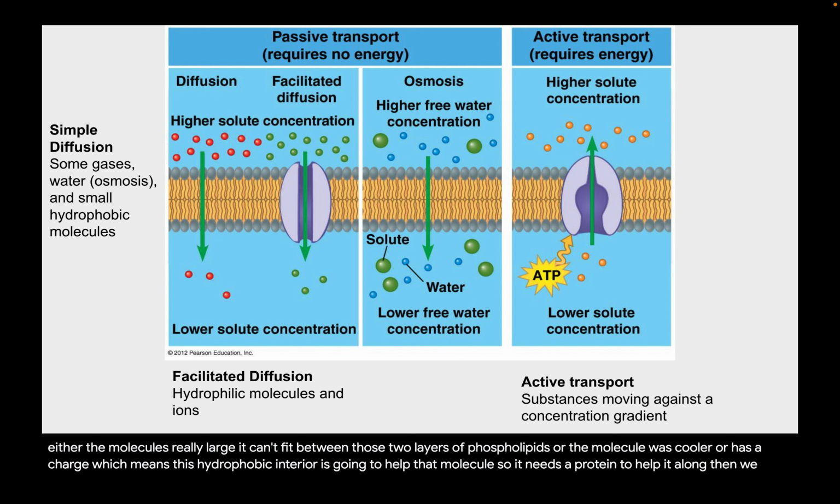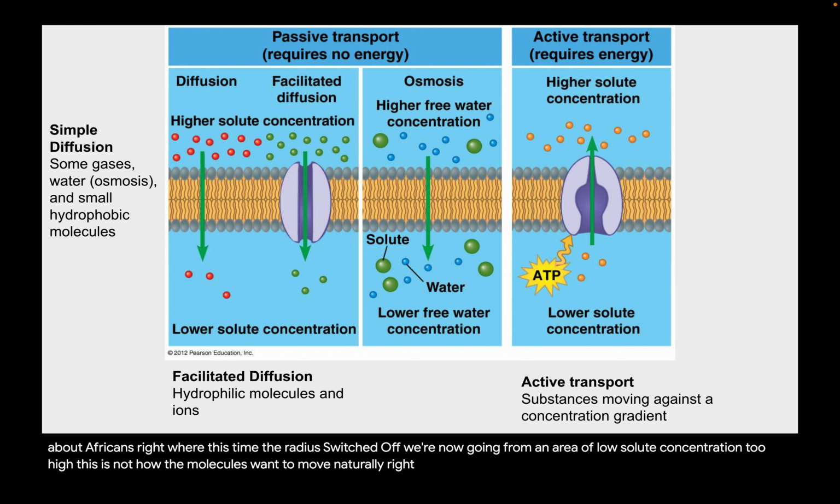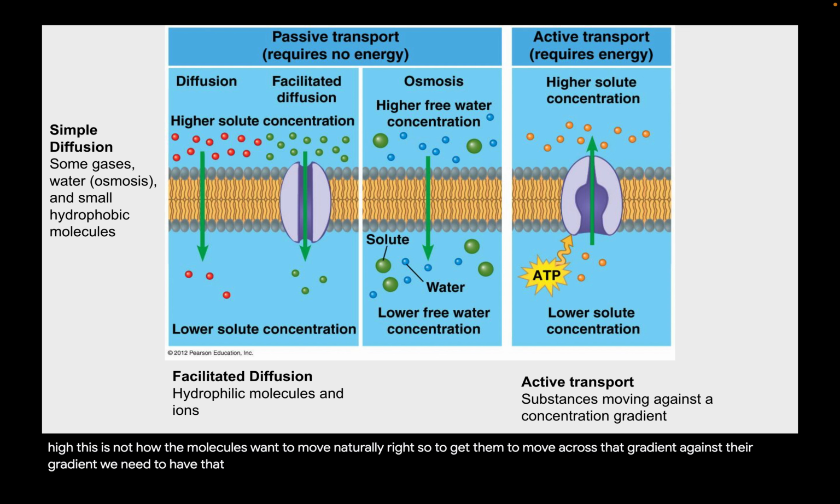Then we talk about active transport, where this time the gradient is switched on us. We're now going from an area of low solute concentration to high. This is not how the molecules want to move naturally. So to get them to move across that gradient, against their gradient, we need to have that form of energy. Energy is provided along with the protein here that moves the molecule across.